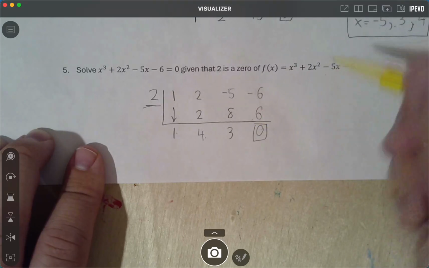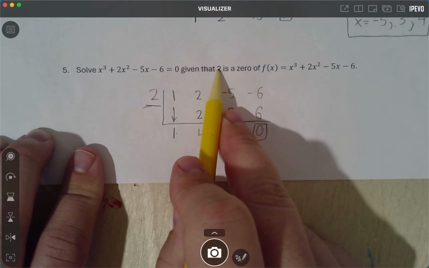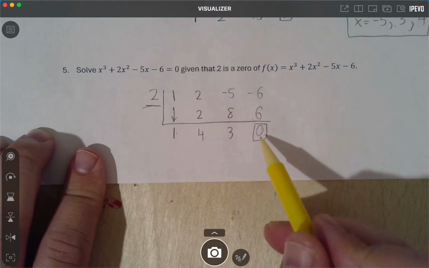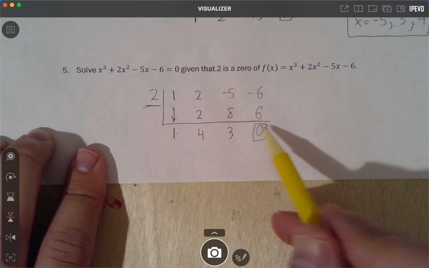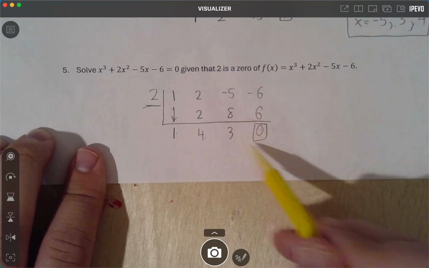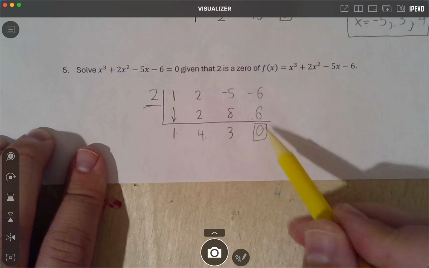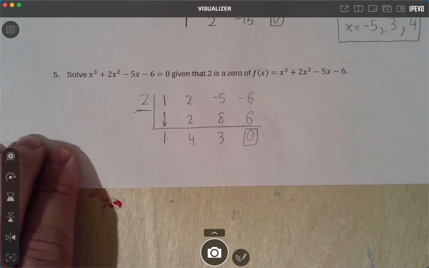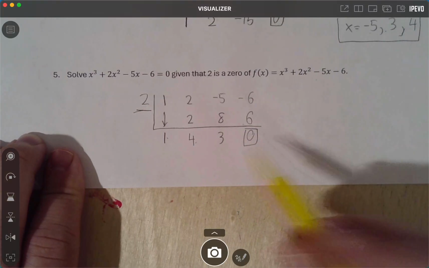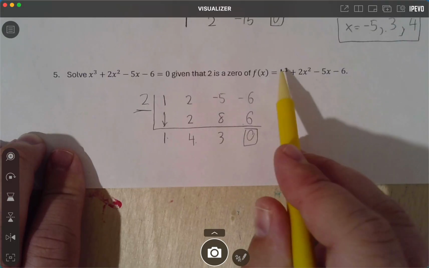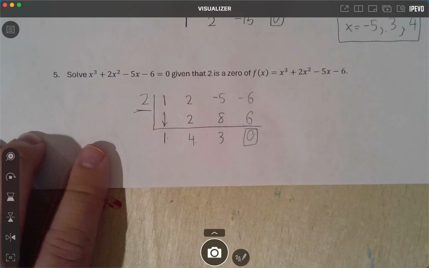You should not be shocked that you got 0 because they told you 2 is a 0. By the way, that's what it means to be a 0. It means, or an x-intercept, it means when you did your synthetic division, you got 0 as your remainder. That's why it's referred to as a 0 in some senses. It's also referred to as a 0 because if you plug 2 in, you get 0 overall for your result.